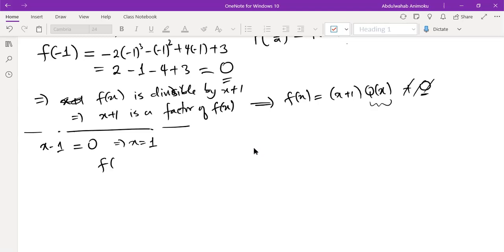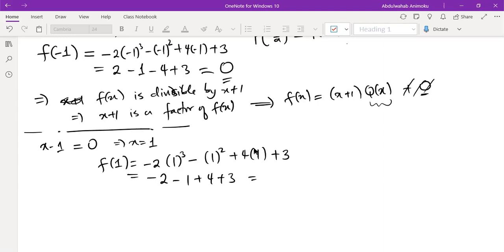Then we have to find f of 1. When we do this in the same polynomial, this will give us this particular expression: minus 2 minus 1 plus 4 plus 3, and as you can see, this is minus 3.